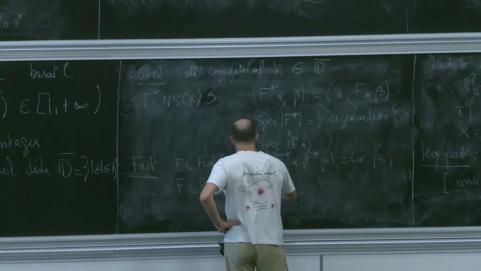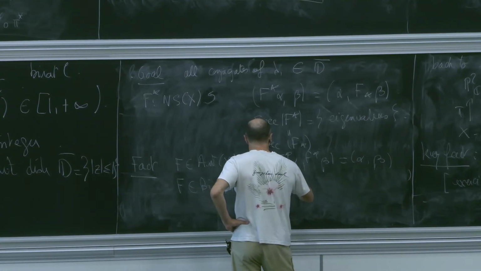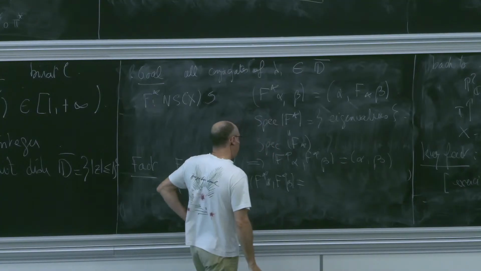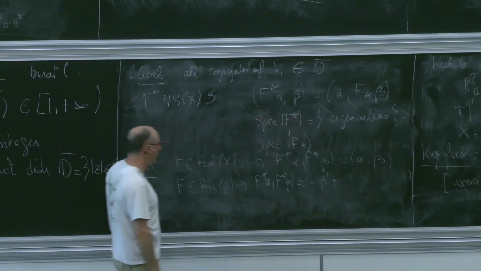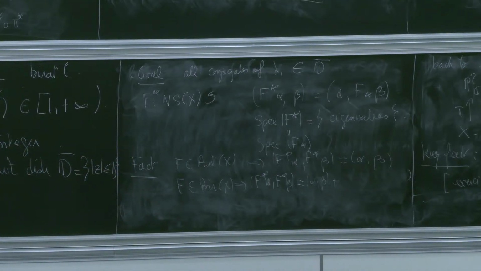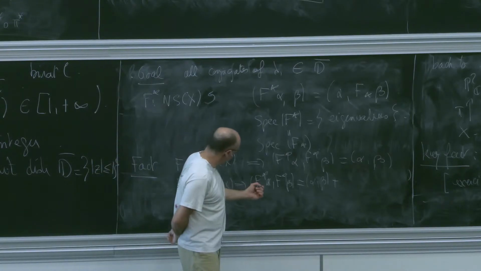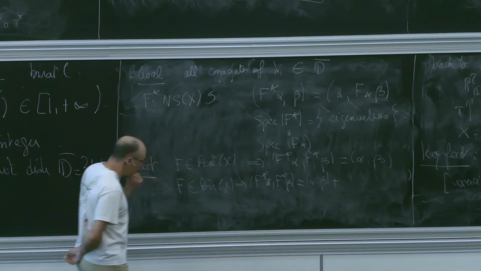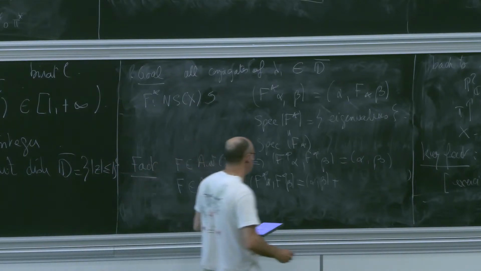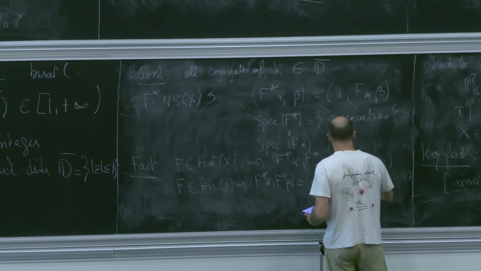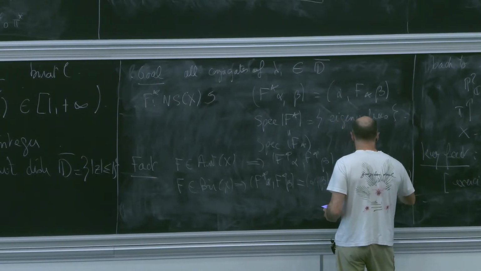So I'm not going to prove it. Again, exercise. But in fact, what you can show is that you can understand what is the defect of F star to be an isometry. And so the intersection of the pullback of alpha with the pullback of beta is the intersection of alpha and beta plus some extra stuff. So let me write it down.